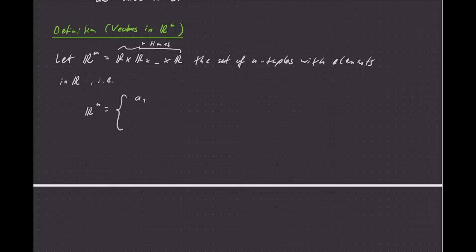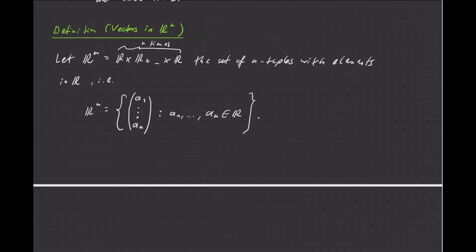So a vector in R to the n looks like this. You have entries a1, a2, a3, and so on, up to an. And all of these entries are contained in the field of reals.